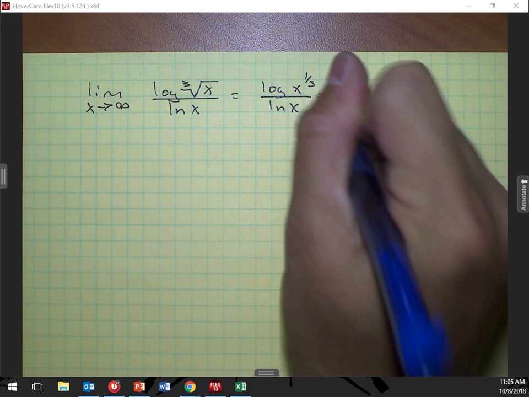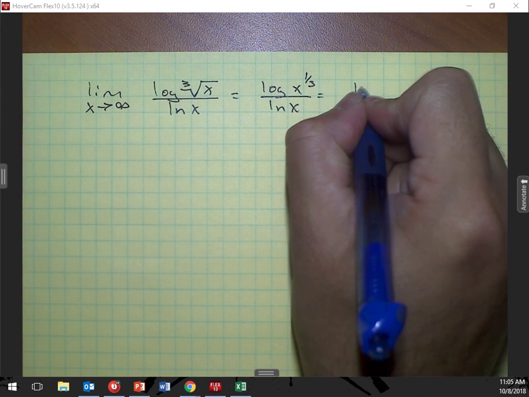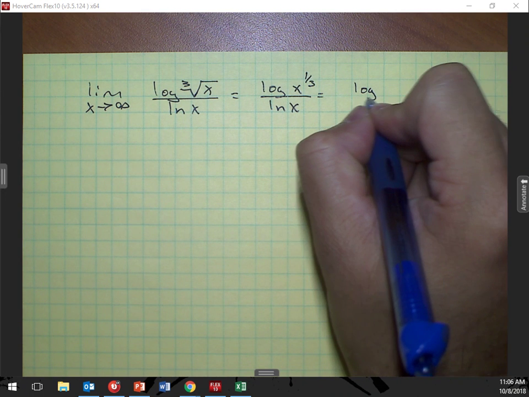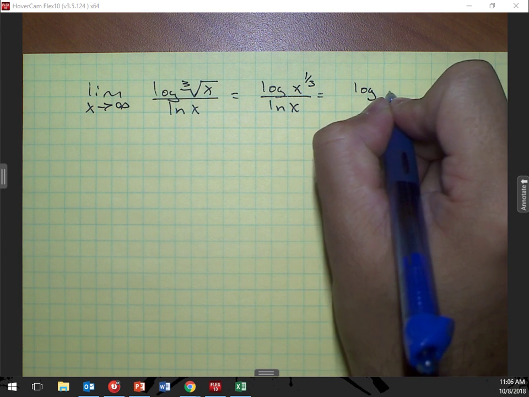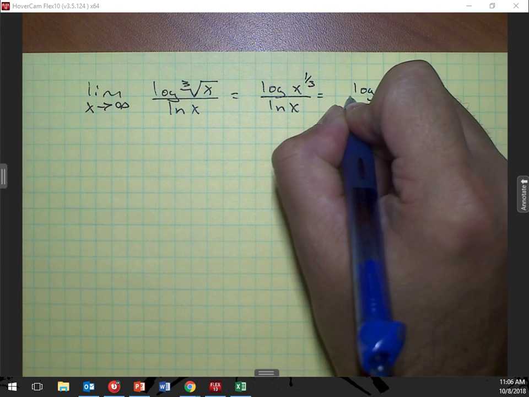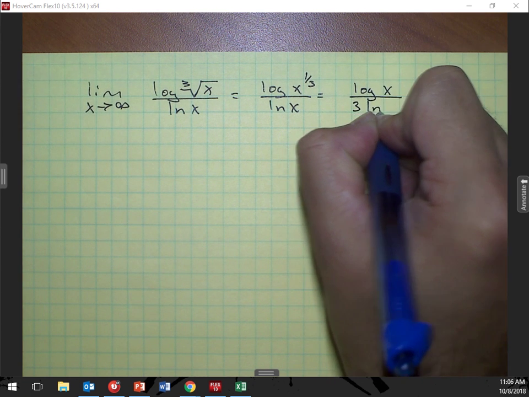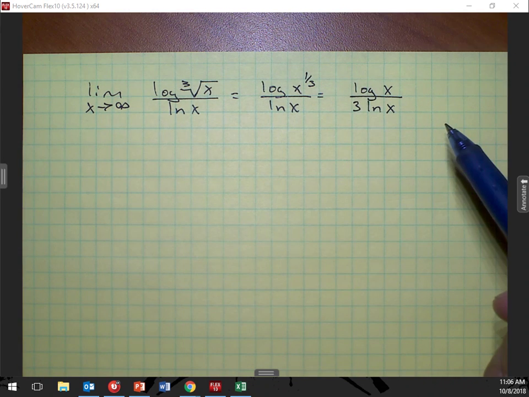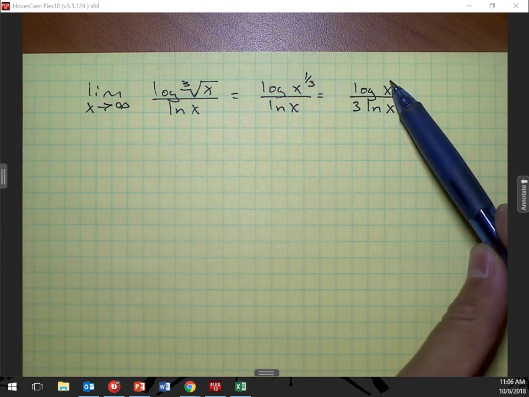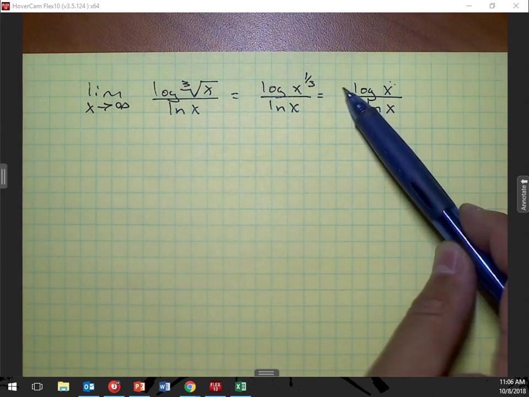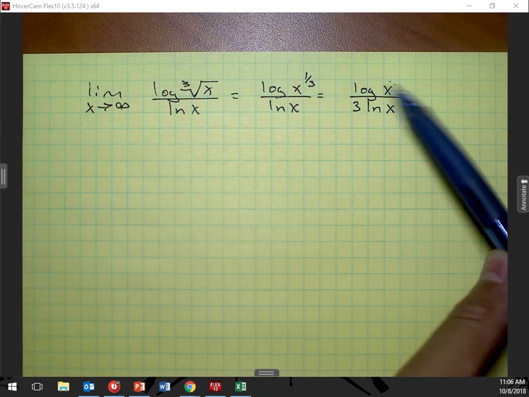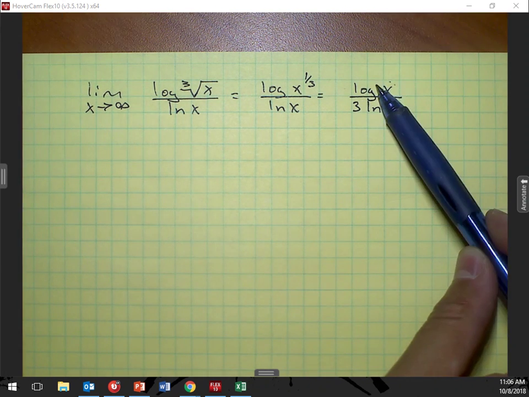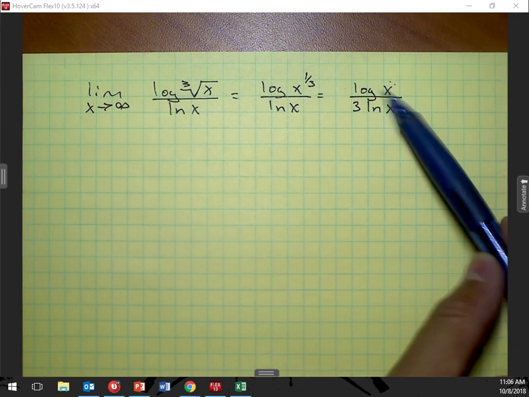So this is going to be the same as saying log of x over 3 ln of x, because the 1/3 went out front. The exponent here could go out front in front of these. So now I'm going to do the change of base on the top, and I'm going to change it to ln.